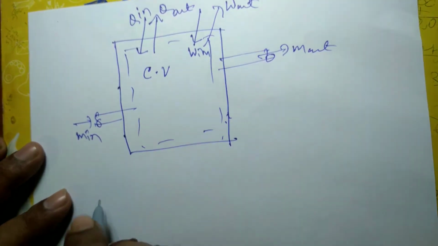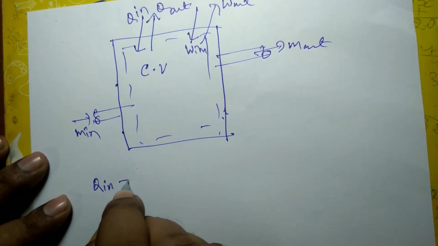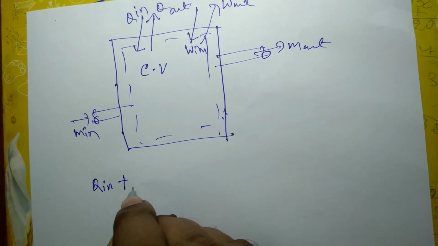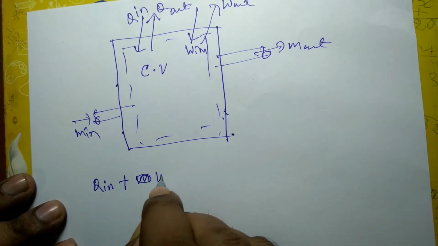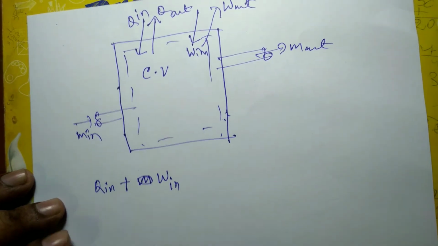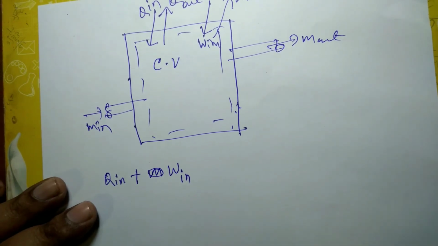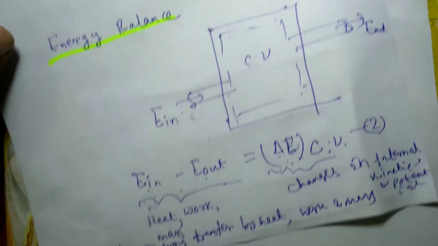So equation will be E in will be Q in plus W in भी होगा. So whatever ये जो इक्वेशन में लिखे थे हम सेकेंड इक्वेशन में E in minus E out, ये वाला equation में ये देखो E in minus E out.